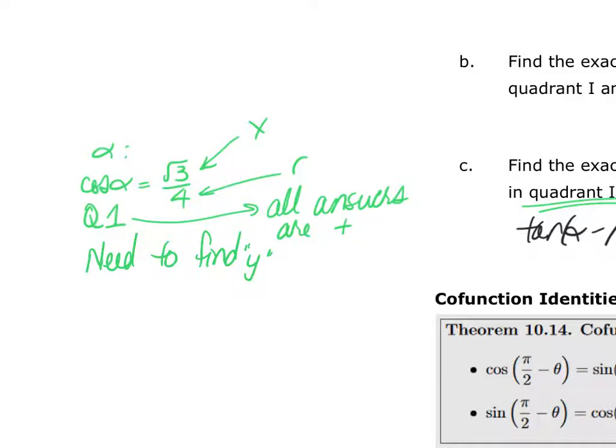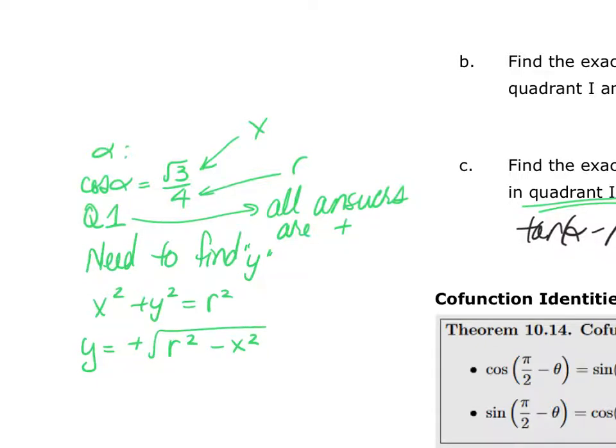What I know is x squared plus y squared is equal to r squared all day long. So that tells me that y is equal to plus or minus the square root of r squared minus x squared. We're in quadrant 1. Do I need the plus and minus on this one? No. So I'm going to erase the minus because I don't need it, because I'm in quadrant 1. I just need the plus part.